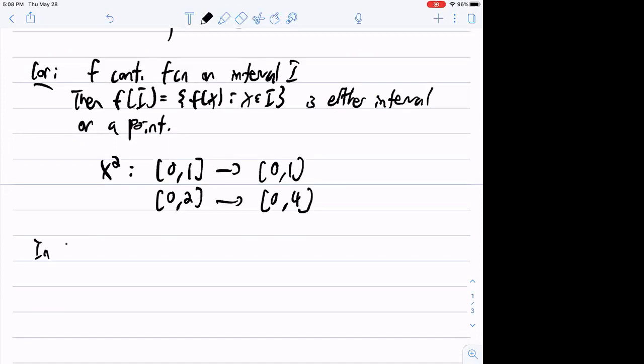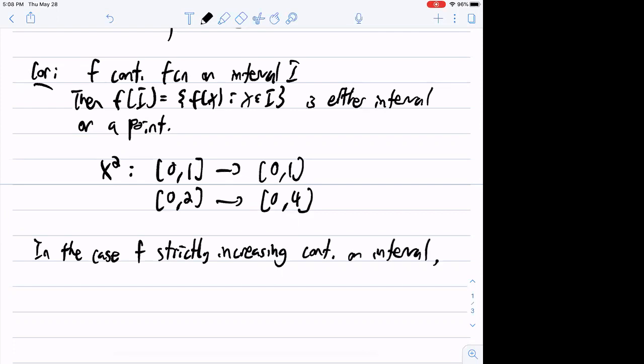in the case f strictly increasing. So no, I need strict here. Increasing continuous on interval I. So we have one thing, right?